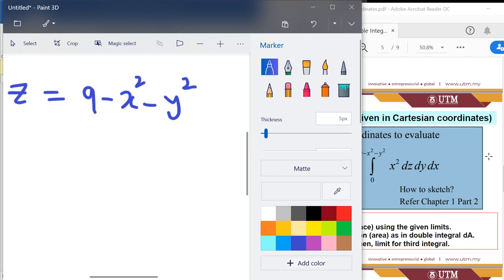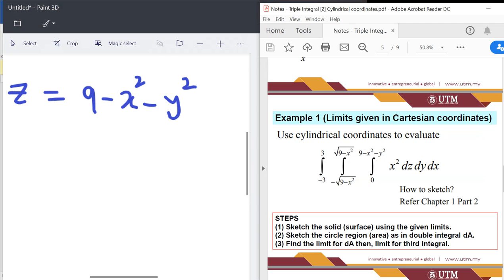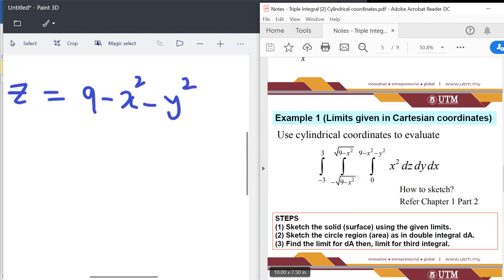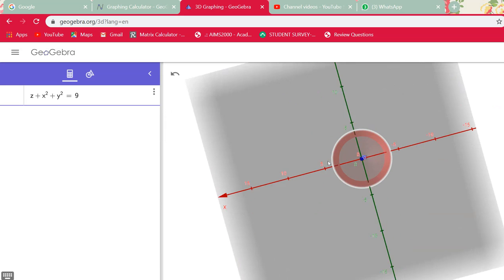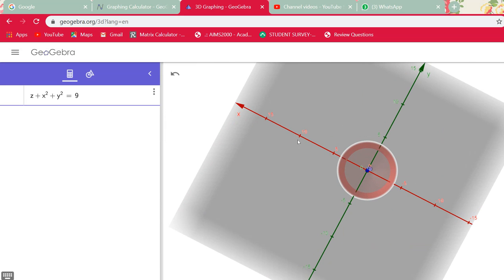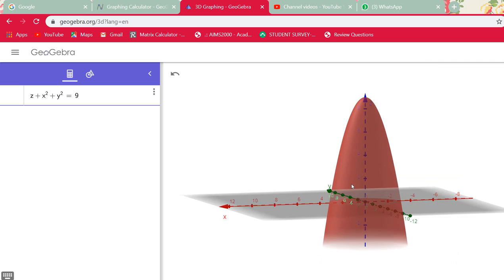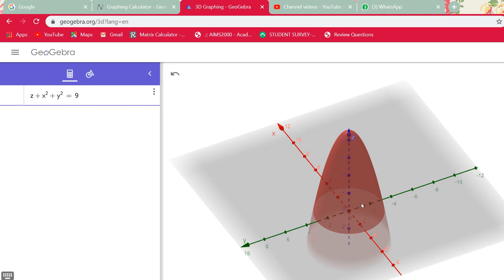If you sketch using GeoGebra, you get a paraboloid. The limits on x go from -3 to 3, so the shape is meshed with the limits given.